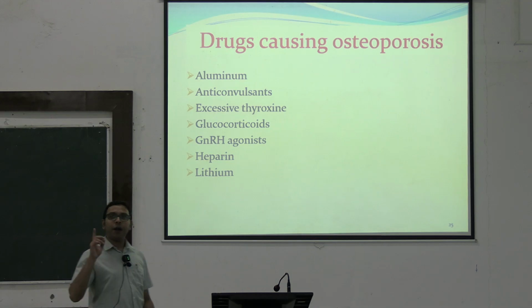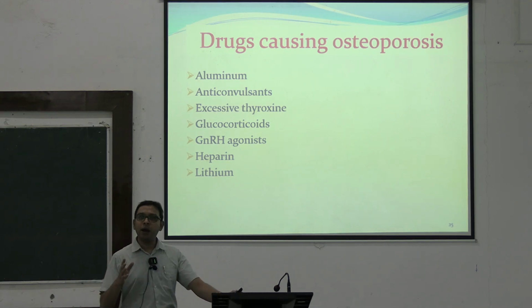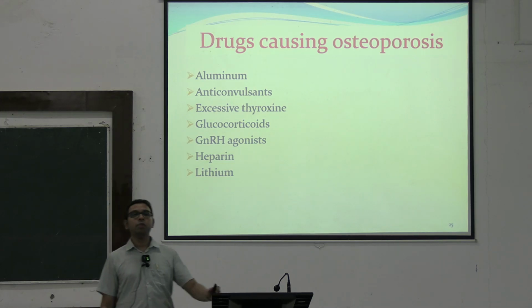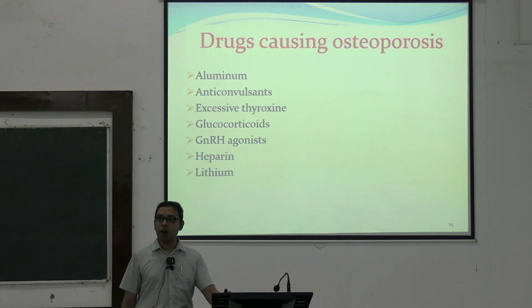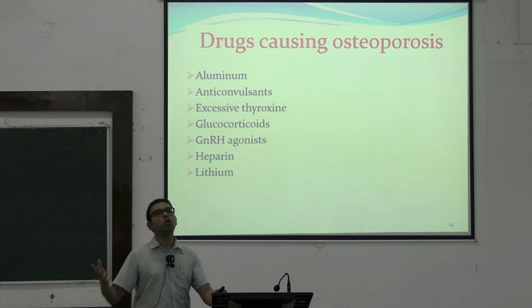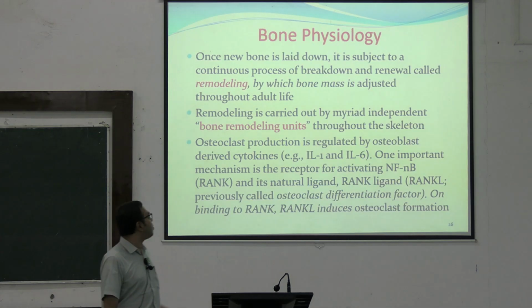Heparin, one of the adverse effects of heparin is osteoporosis. Lithium, used in bipolar disorder, also has osteoporosis as an adverse effect. So if these are used in high doses for a long period of time, osteoporosis can develop.